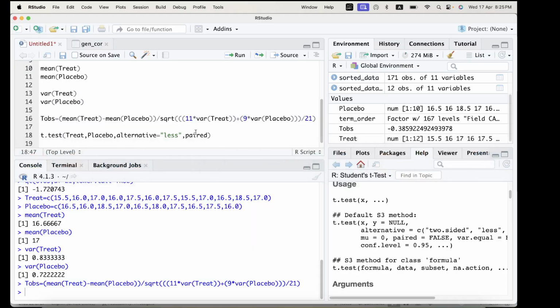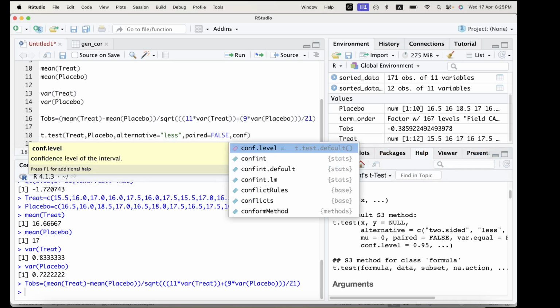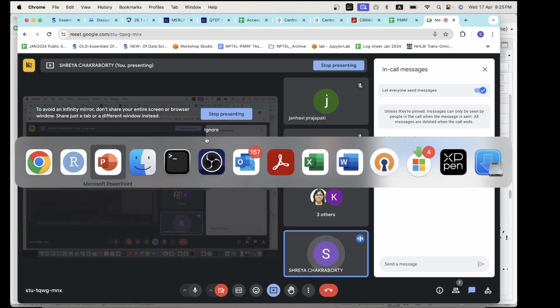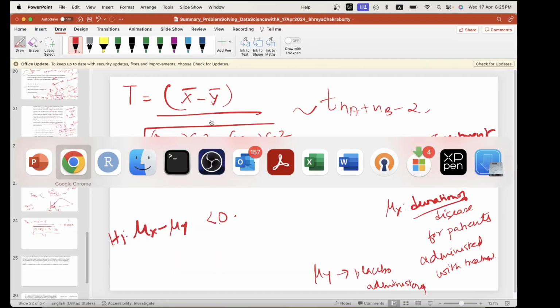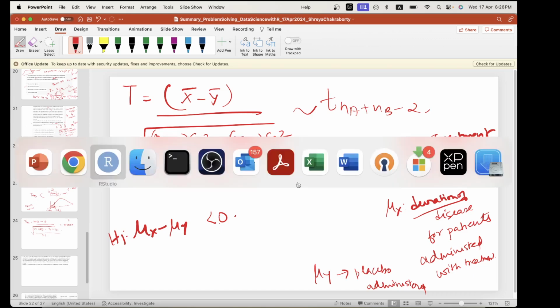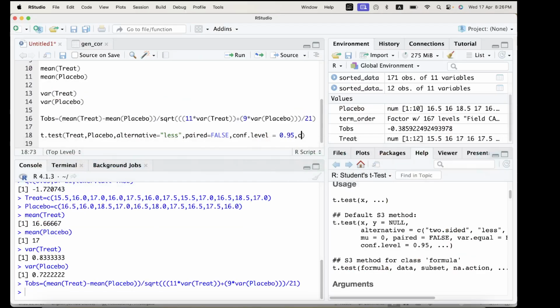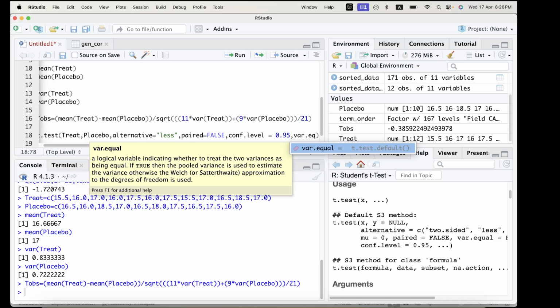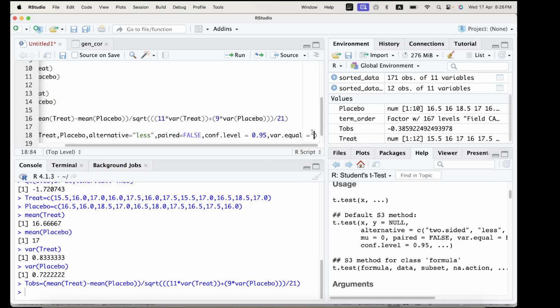Okay. So if we do paired equal to false and conf level equal to 0.95. Nowhere is it mentioned that the variance should be same, right? It's not mentioned that the variance should be same. So then var dot equal is actually false.